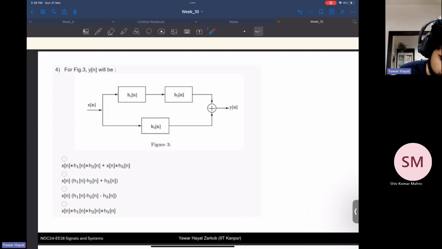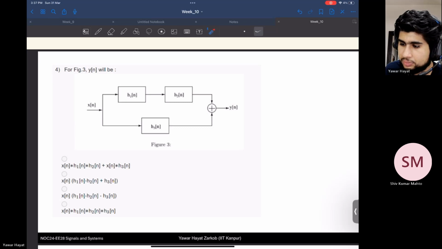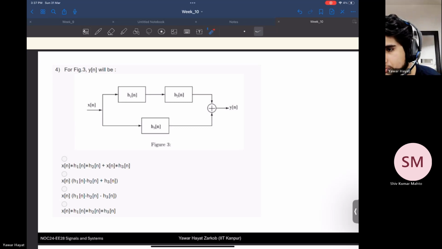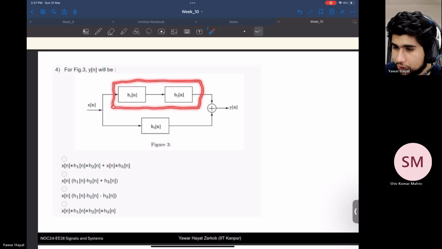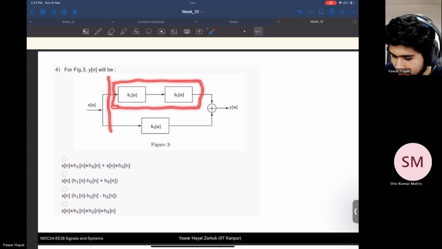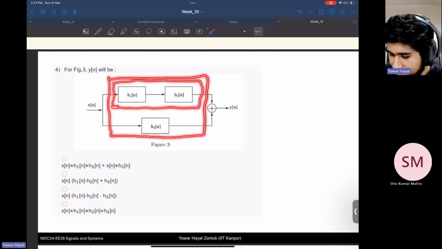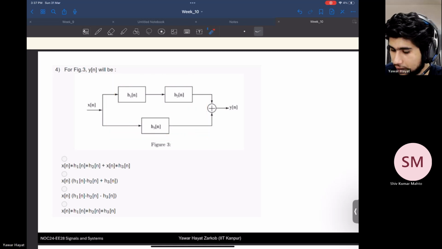What about question number 4? We need to determine what y of n is. We have two systems in cascade here, and h3 of n is in parallel with the cascade of h1 of n and h2 of n.